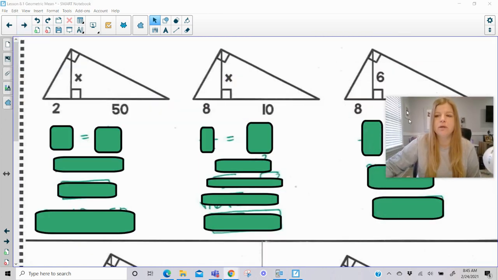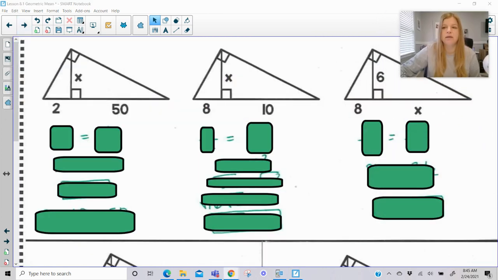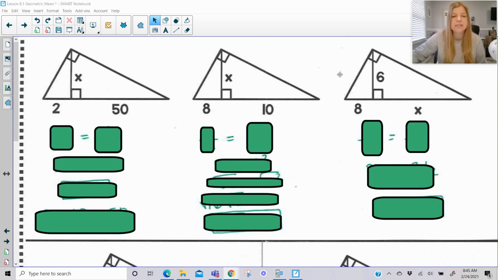So there's going to be quite a few cases that we end up seeing with values in different places in the figure. And as long as we just know what we're looking at based on that previous example, then setting up the proportions becomes really routine.